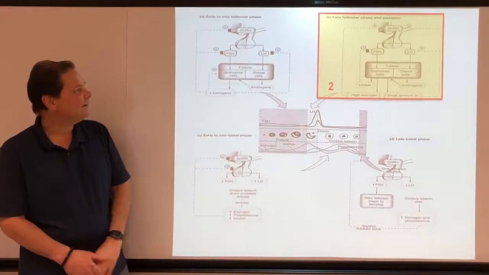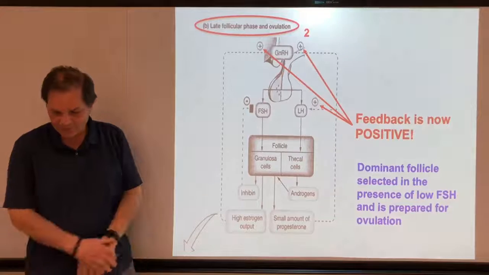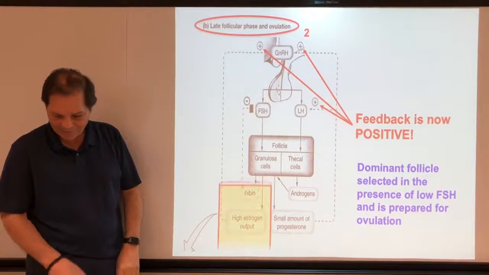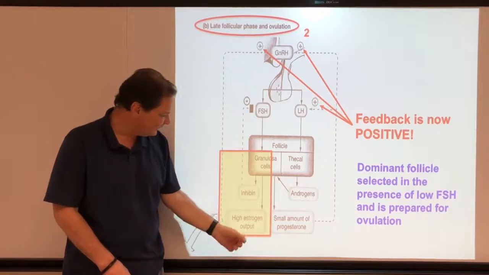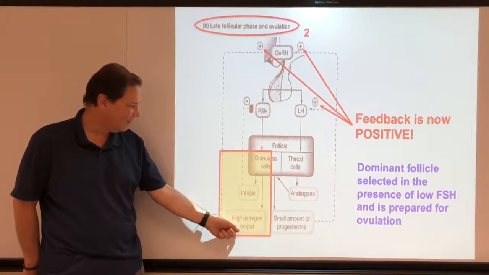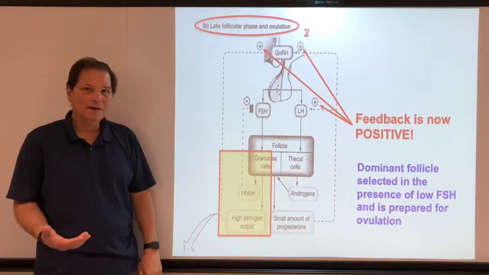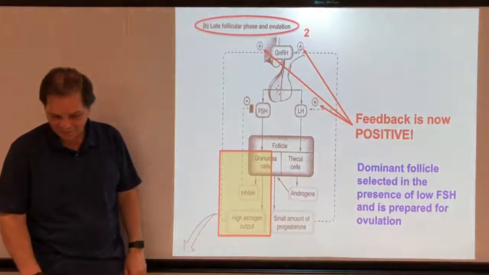So if we take a look now at our second phase, late follicular and ovulation, here is what that looks like. We now have the granulosa cells generating a high degree of estrogen. Eventually that estrogen can't be controlled, and you get a large increase for a sustained period of time.